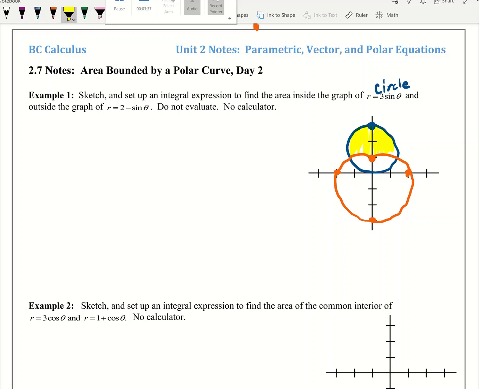This is the region I would like to find. So my formula will be 1/2 of a definite integral, and I'm going to need to figure out what alpha and beta are for the limits of my integral, of the big radius squared minus the small radius squared d theta. This is what I'm looking for.